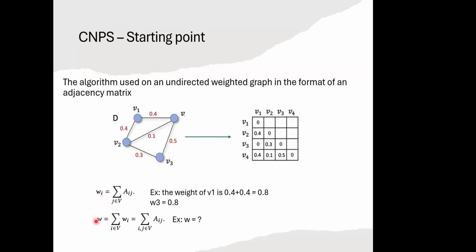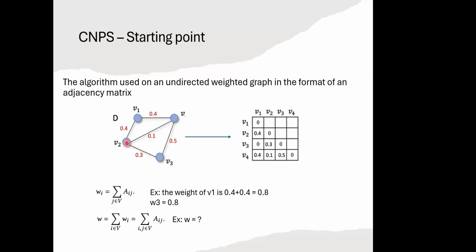Okay, so now this is one thing you need to know, the weight of i, and now you need to know what is W. W is simple, it's the weight of the whole graph, right? It is the sum of all the Wi, so it's simply the sum of every node's edges. You will see that we actually compute every edge 2 times, because when we add up V3 weight and V2 weight, we count this edge twice.